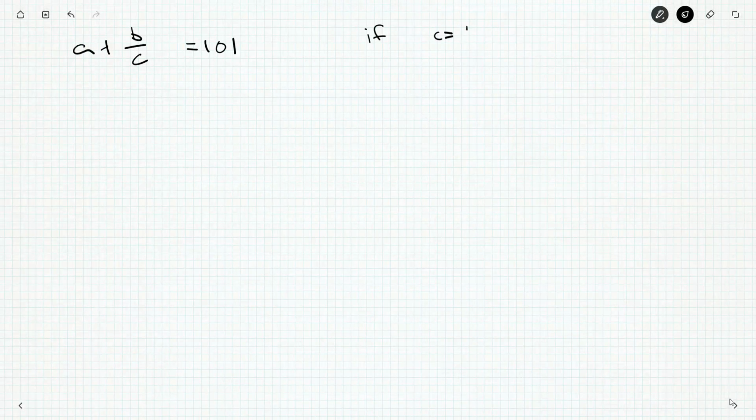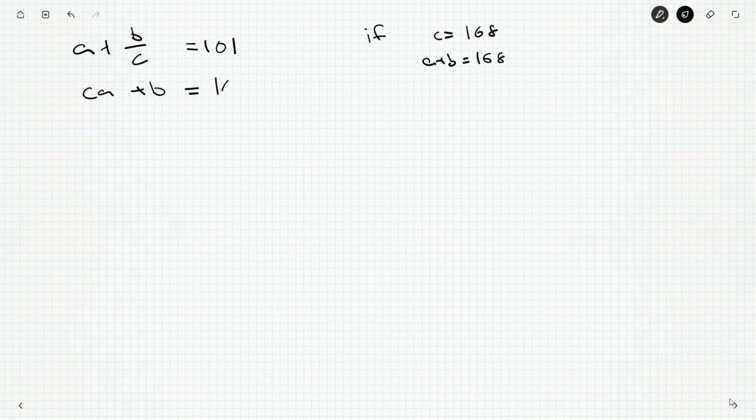if C is equal to 168, A plus B is 168. So multiplying through by 168, I get CA plus B is 168 times 101, an obnoxiously big number. And I can do the exact same thing with the 68, but I don't think I'm going to get anywhere useful.